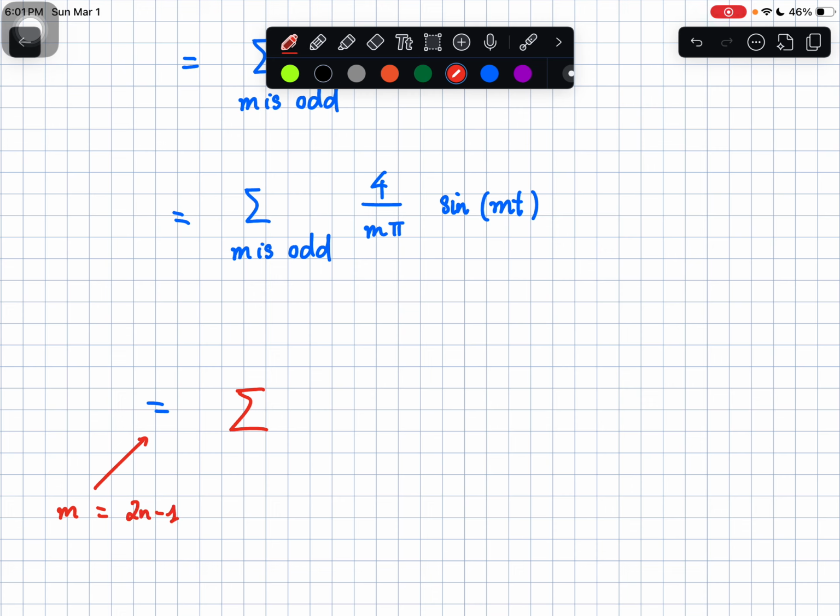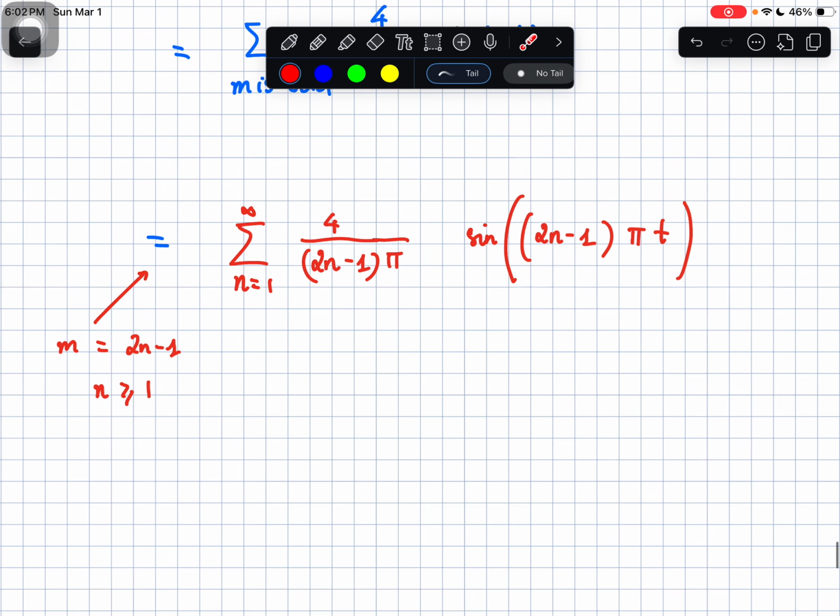You can use any other notation, n greater than or equal to 1. So you have 1, 3, 5, and so on. N from 1 to infinity, 4 over 2n minus 1 times pi, that is for these terms, sine 2n minus 1 times pi t.